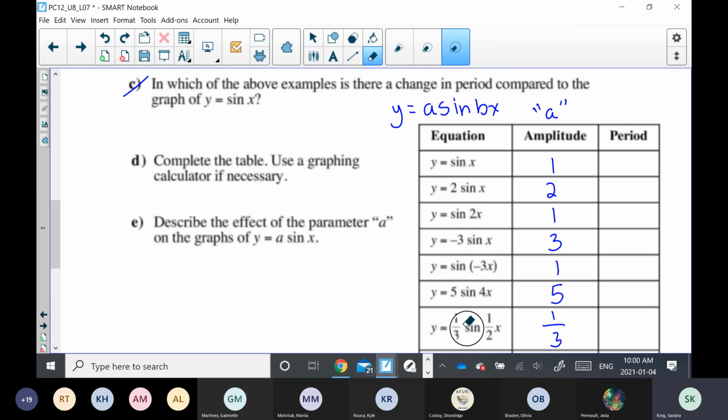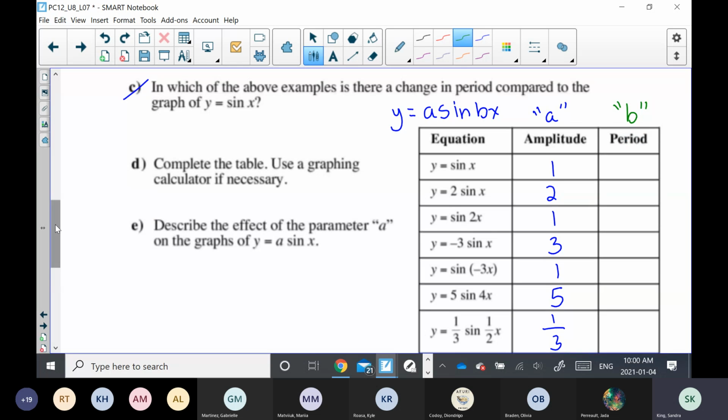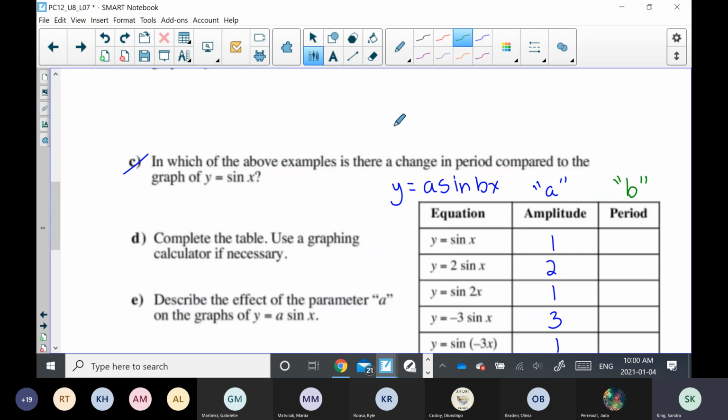Okay, the next one is period. And period is going to be the B value. Now we know that this graph here, a normal graph, y is equal to sine of x. If I said, what's the period of this graph? Well, I know that this graph starts at 0, has an x-intercept of 180 and 360, right?